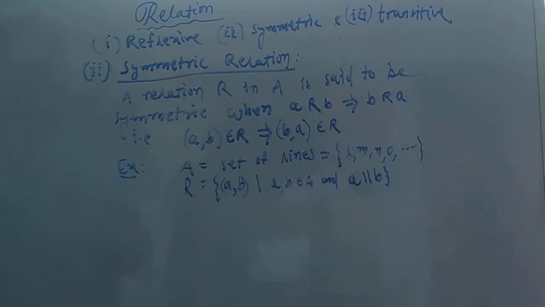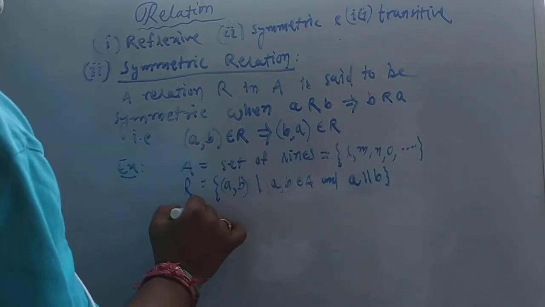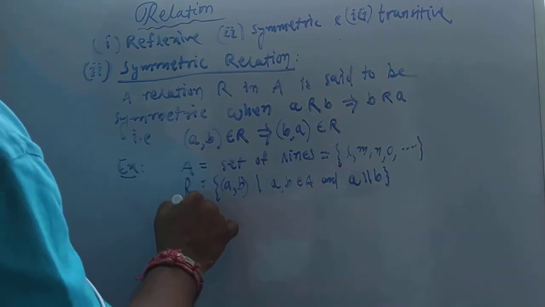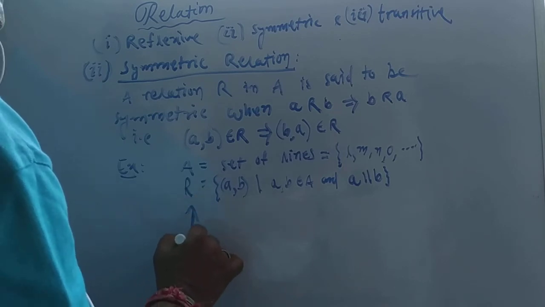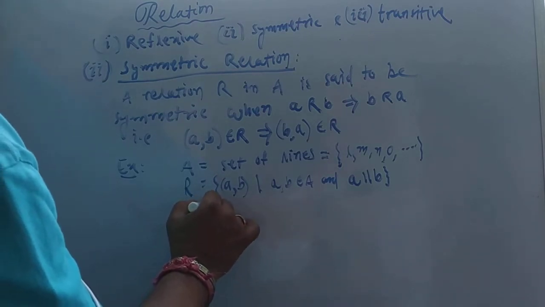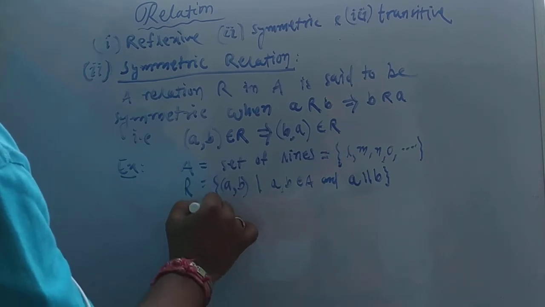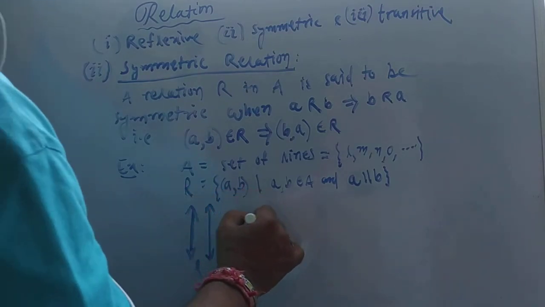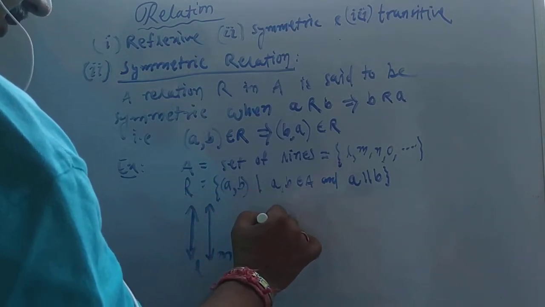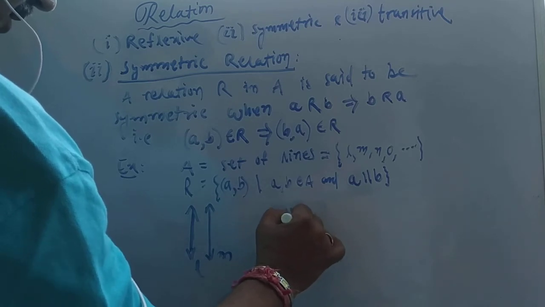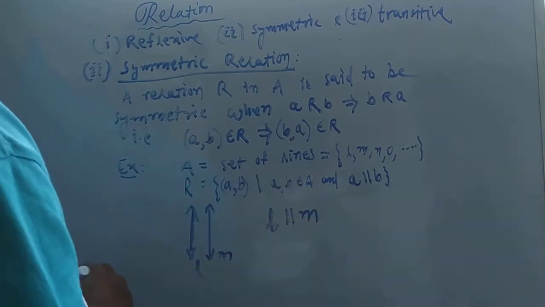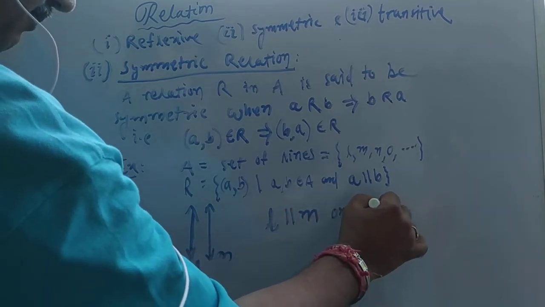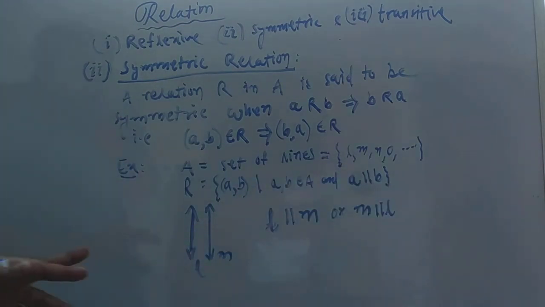Okay, so here let us see, there is a line L. Okay, another line M. So if L is parallel to M or M parallel to L, both are the same thing.